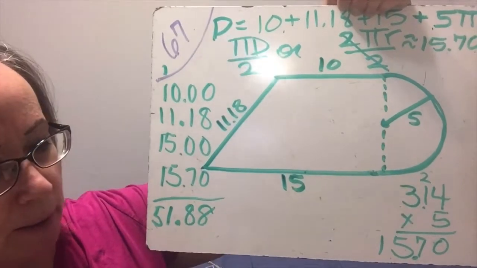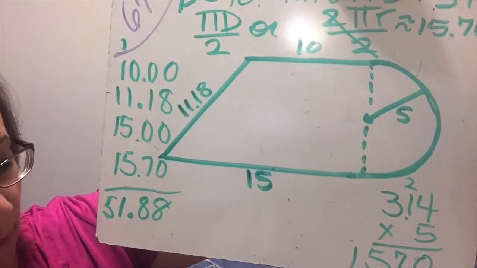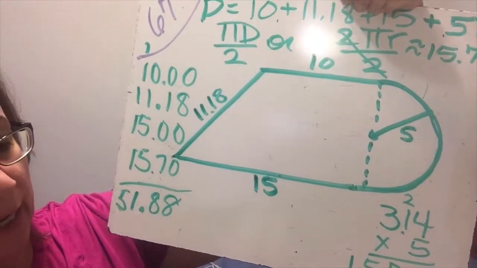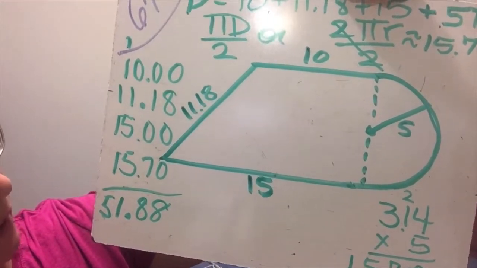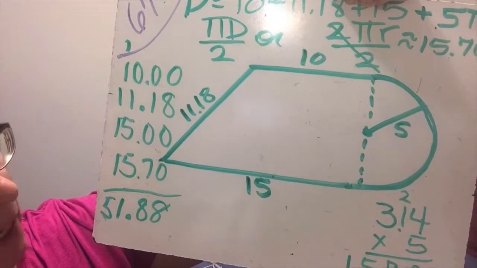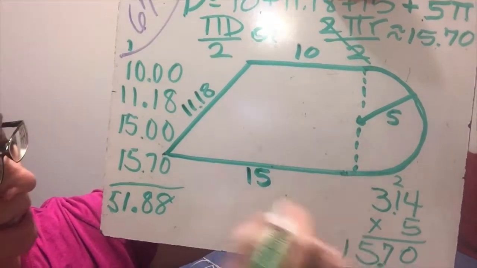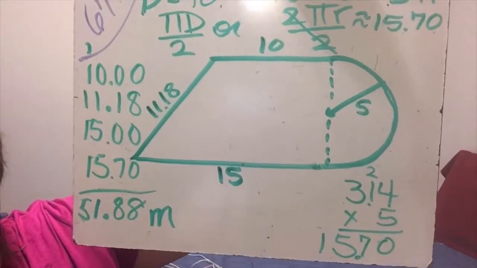So for my perimeter, I get 51.88, or 51 and 88 hundredths. And that is correct. Now, since this is distance, I should put the units of measure, which in this case is meters. So 51.88 meters.